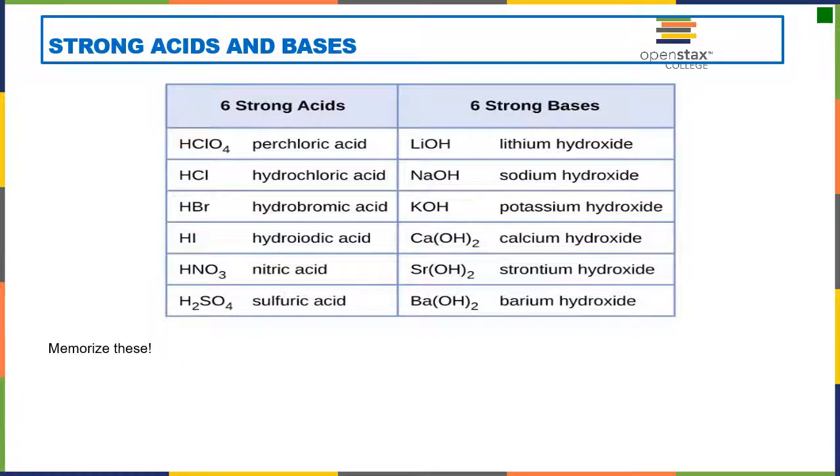All right, your strong acids and your strong bases are something you really need to commit to memory, and you need to commit to memory quickly. Our strong acids are our three binary, HCl, HBr, and HI, perchloric, nitric, and sulfuric. Also, chloric is a strong acid, and that's HClO3.